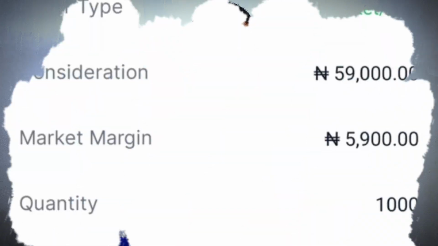So once you put it in the market order, they are always giving you a market margin, about 10% of the amount of stock you want to buy, so that if the price shoots up more than that, you will not really get affected. So let's say you want to buy a stock of 50,000 naira, they'll give you a market margin of 5,000 naira. Once the trade has been executed, they'll refund you that market margin. So that's one thing you need to understand.